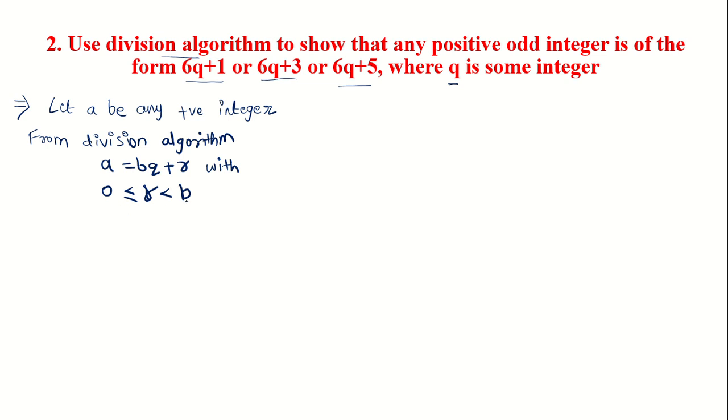So in this question, what is the value of b? 6. Okay. So 0 is less than or equal to r, r is less than 6.